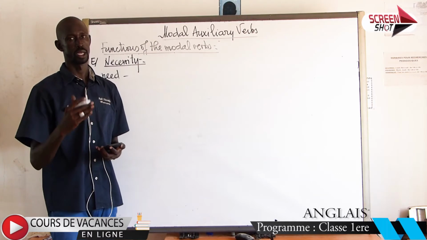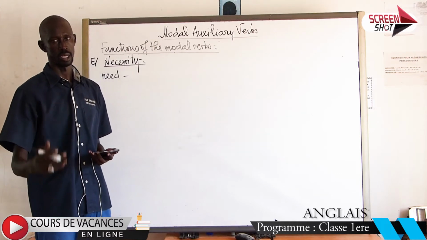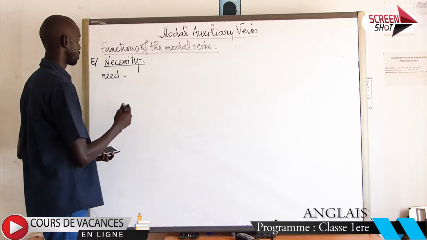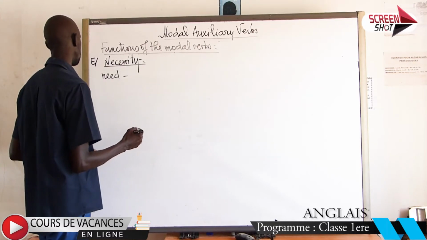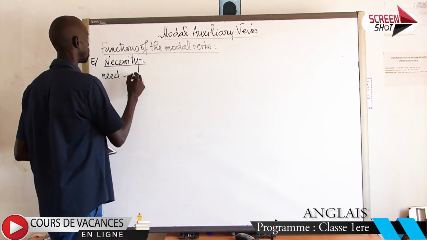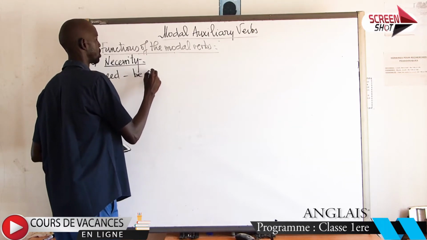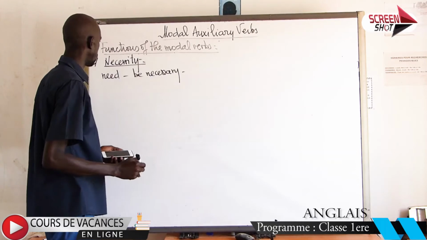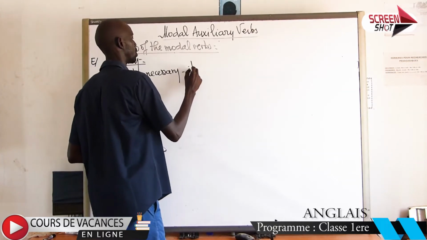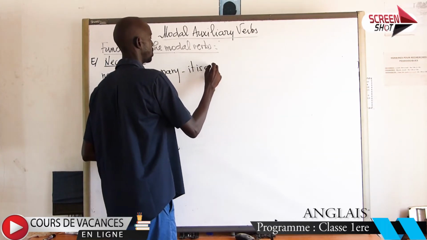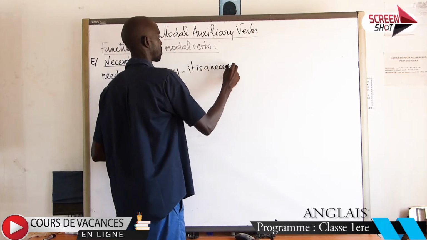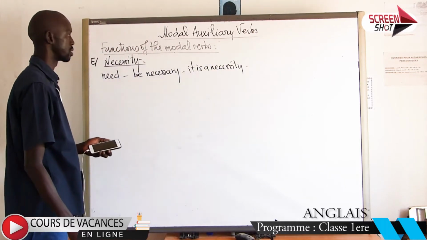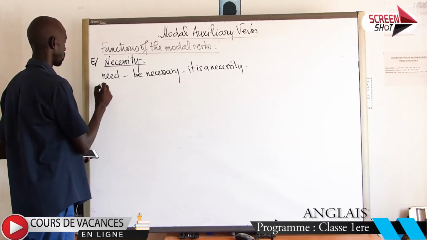But if someone say don't need, or doesn't need, or didn't need, it means that here we have ordinary verb. So we have need, we have also be necessary, or it is a necessity, to express a necessity.